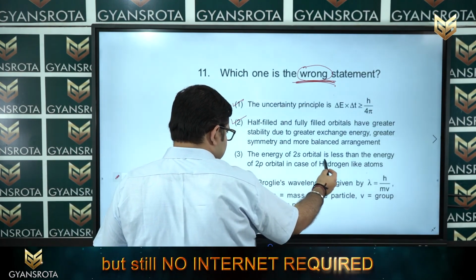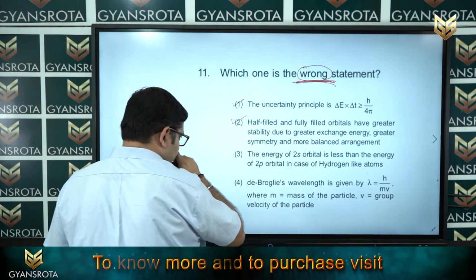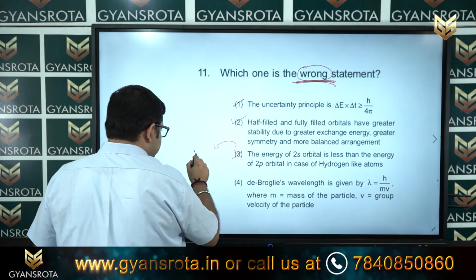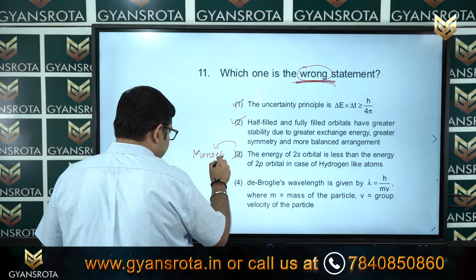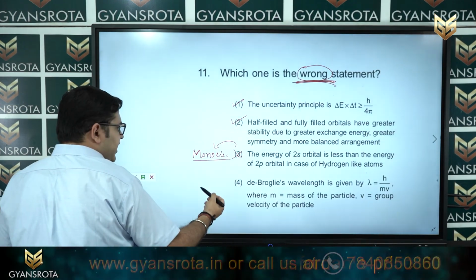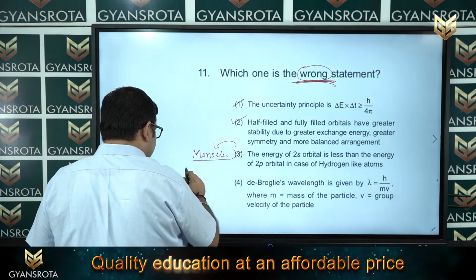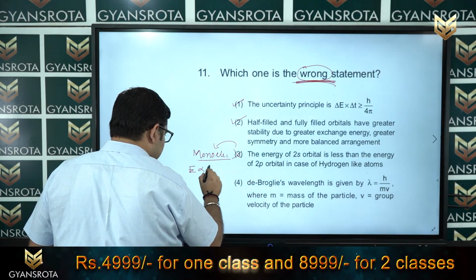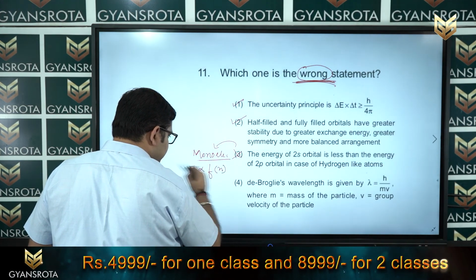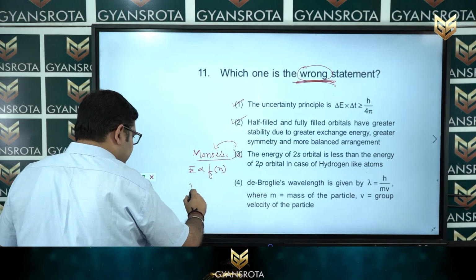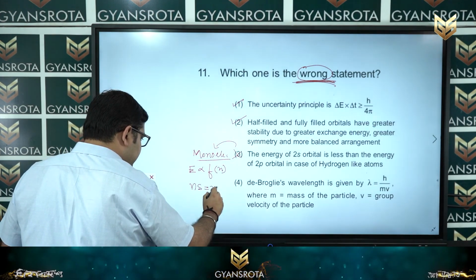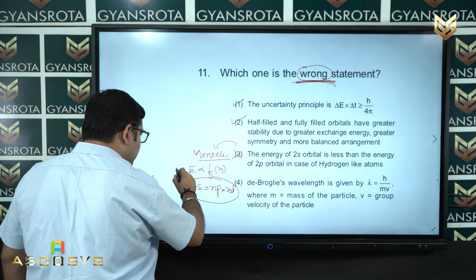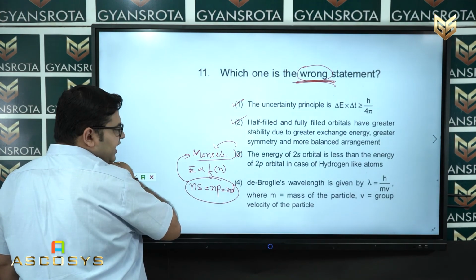The energy of the 2s orbital is less than the energy of 2p orbitals in case of hydrogen, no, this is a wrong statement. In mono electronic species, always remember, like hydrogen and He plus, their energy is a function of the principal quantum number, and the energy of ns is equal to np equal to nd, and this is only followed by mono electronic species, not multi electronic species.